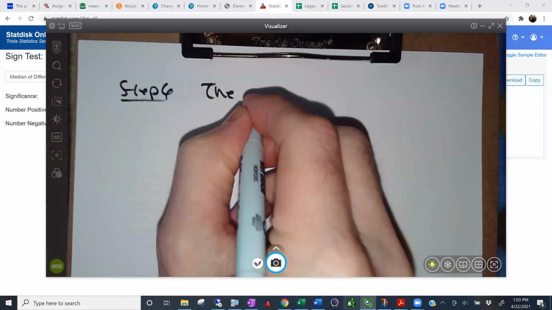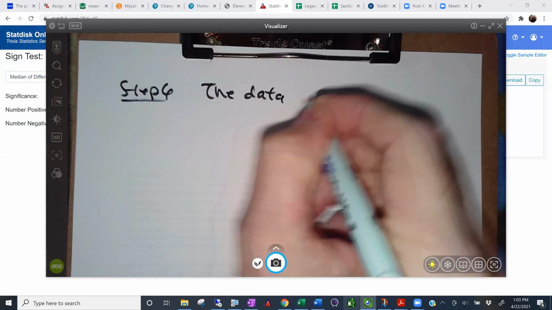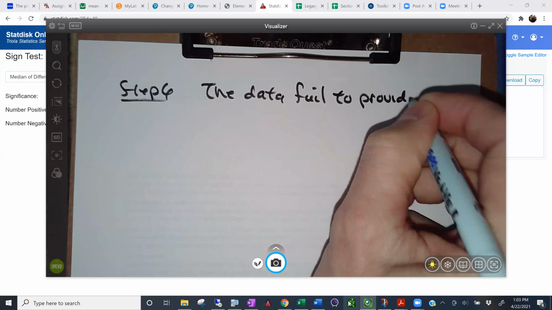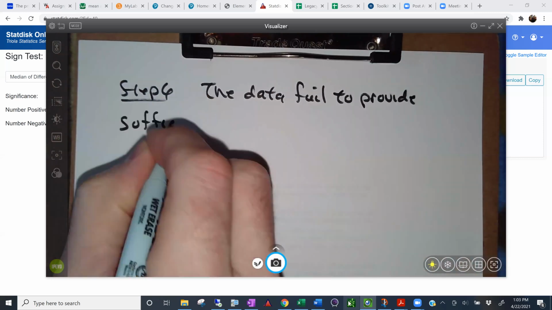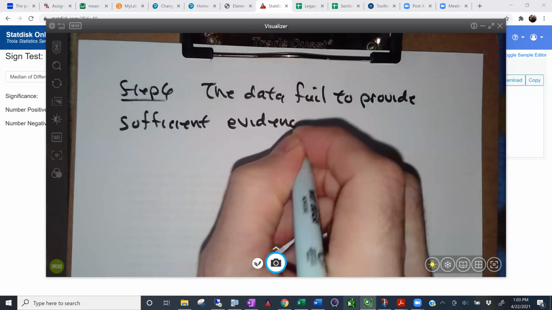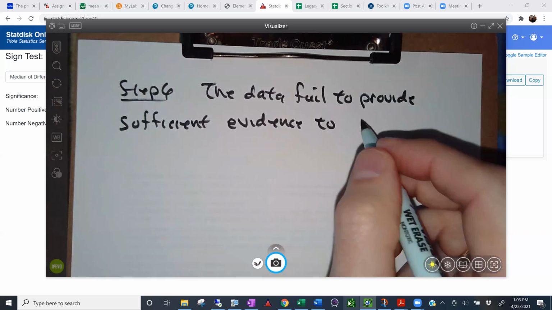The data failed to provide sufficient evidence to reject the claim.